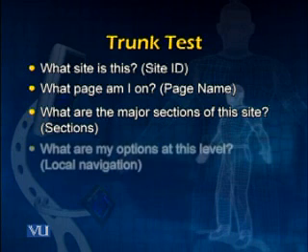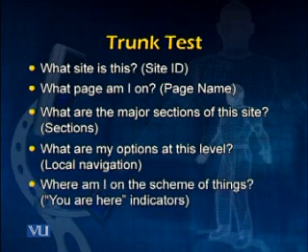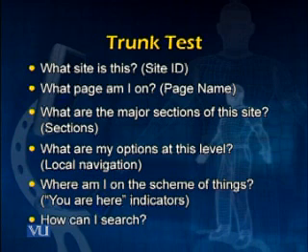What are my options at this level? So is local navigation provided? Is it clear? Where am I in the scheme of things? So does the website present "you are here" indicators? And how can I search? Is there a search facility available?